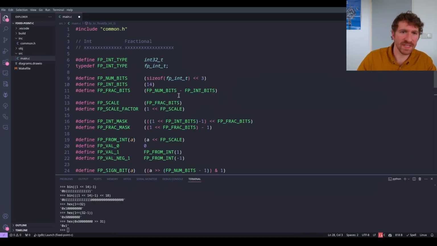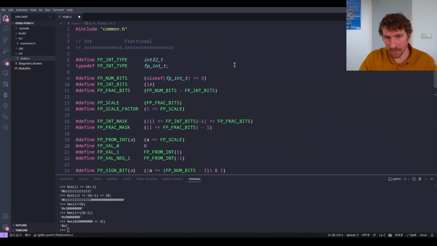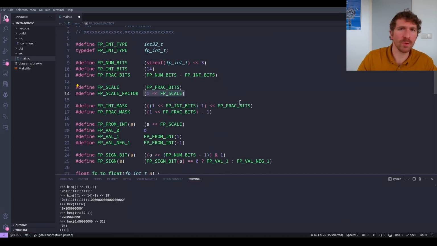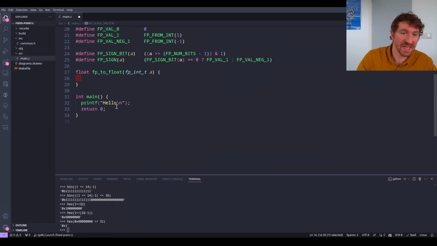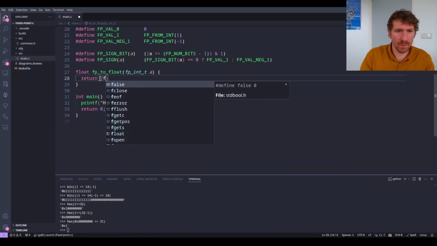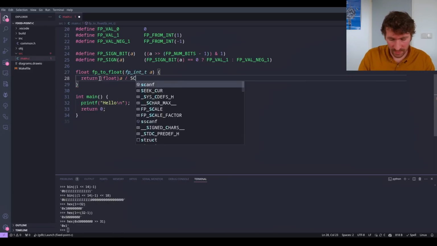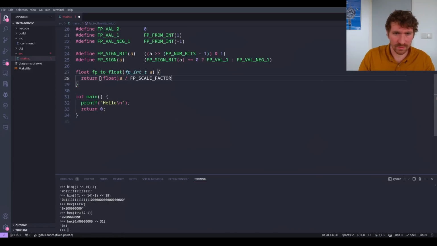So effectively, the way that we can do this is we can convert our number to a floating point number and then divide it down by this scale factor. And that probably doesn't make a ton of sense right now, but it's going to work. So let's just do this. We convert our number A to a float, and then we divide it down by the scale factor.